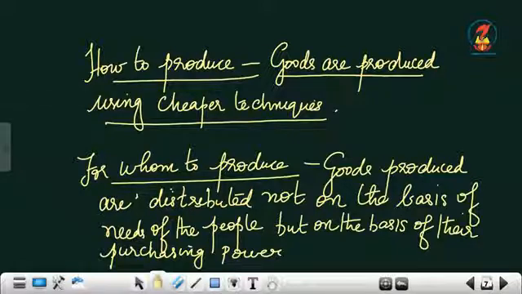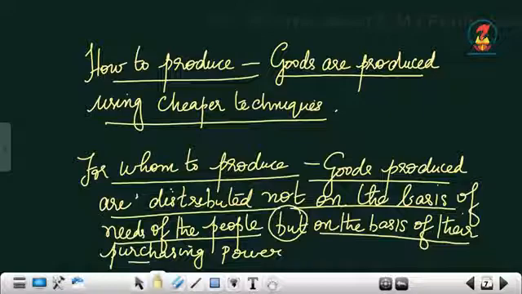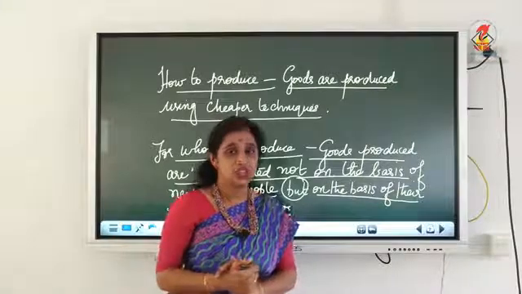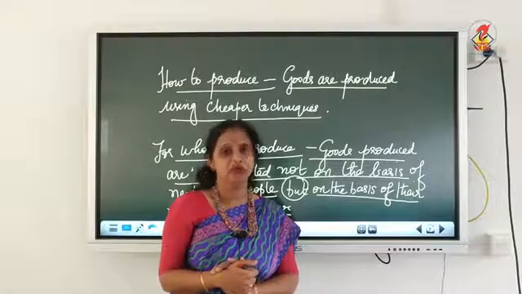Now, let us see in a capitalist economy how that problem is solved. Goods produced are distributed not on the basis of the needs of people but on the basis of their purchasing power. Here in the capitalist economy, it has one particular feature. Goods are produced not on the basis of the needs of the people.